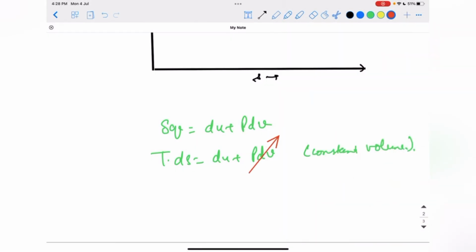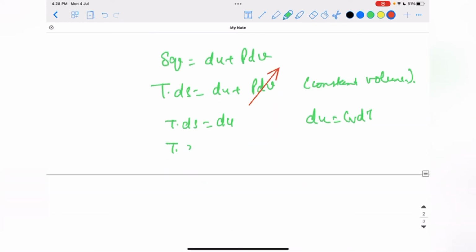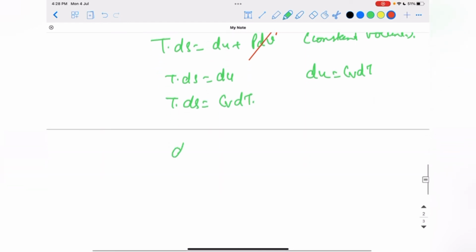So we are left with TdS is equal to dU, or I can write this dU as Cv dT. So I can write TdS is equal to Cv dT, or I can find dT by dS, which is the slope of a curve on a TS diagram. For a constant volume process it is T by Cv.